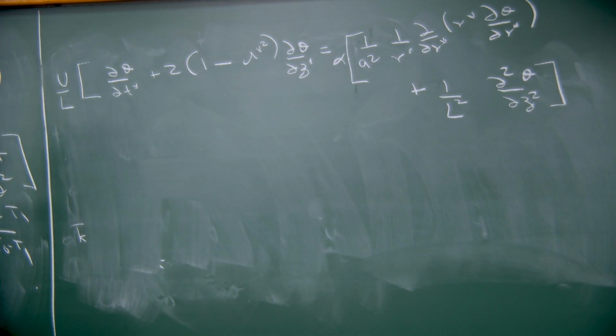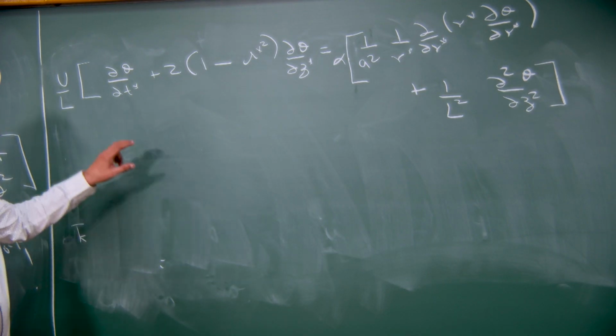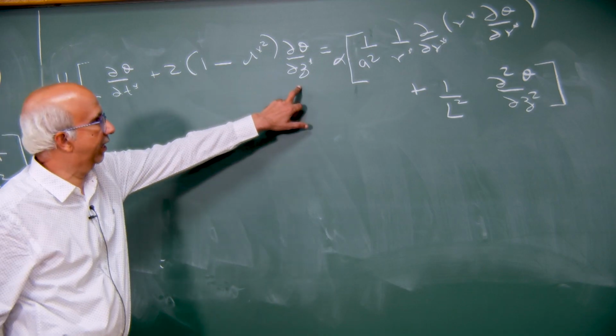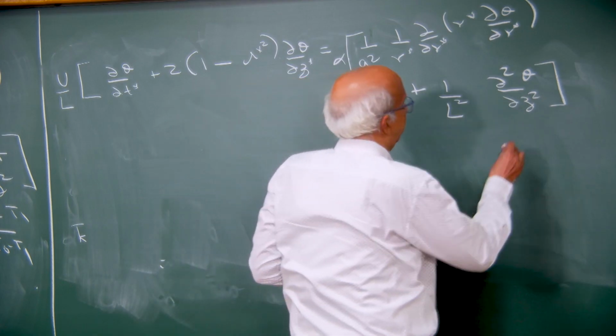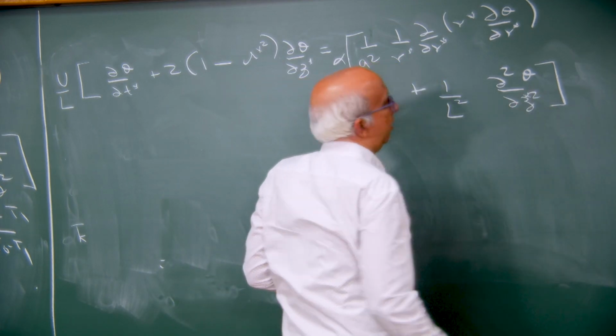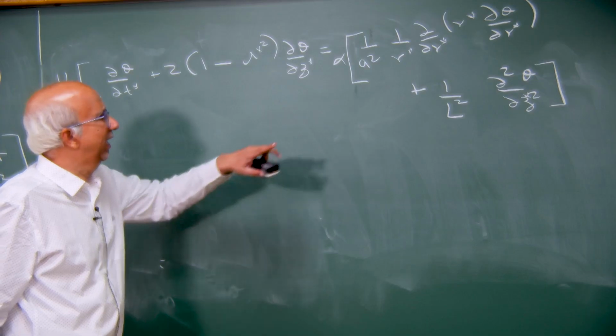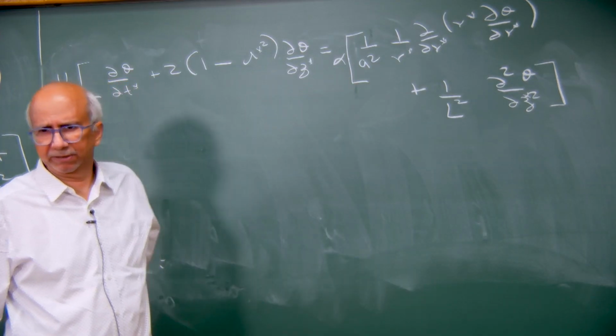Remember now this Z star is with L as my characteristic scale, R star is with A as my characteristic scale.